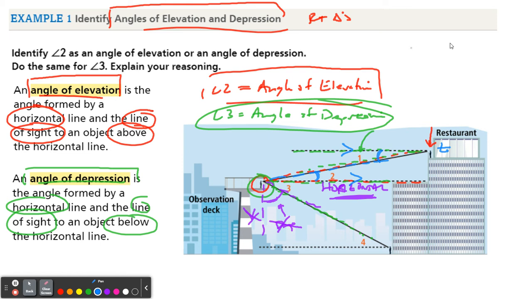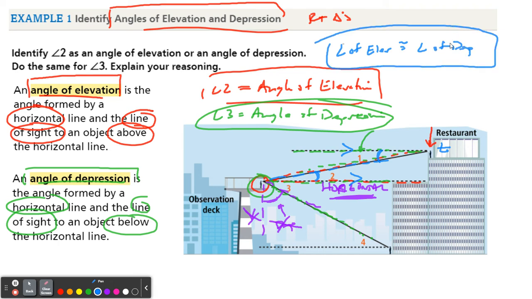In any picture, your angle of elevation should be congruent to your angle of depression. Sometimes it's more advantageous to use an angle of elevation versus an angle of depression and vice versa. Same thing down here, I'll use pink. Angle 3 and angle 4 will be congruent because they use the horizontals and this line as their transversal. A lot of stuff going on there with that picture.